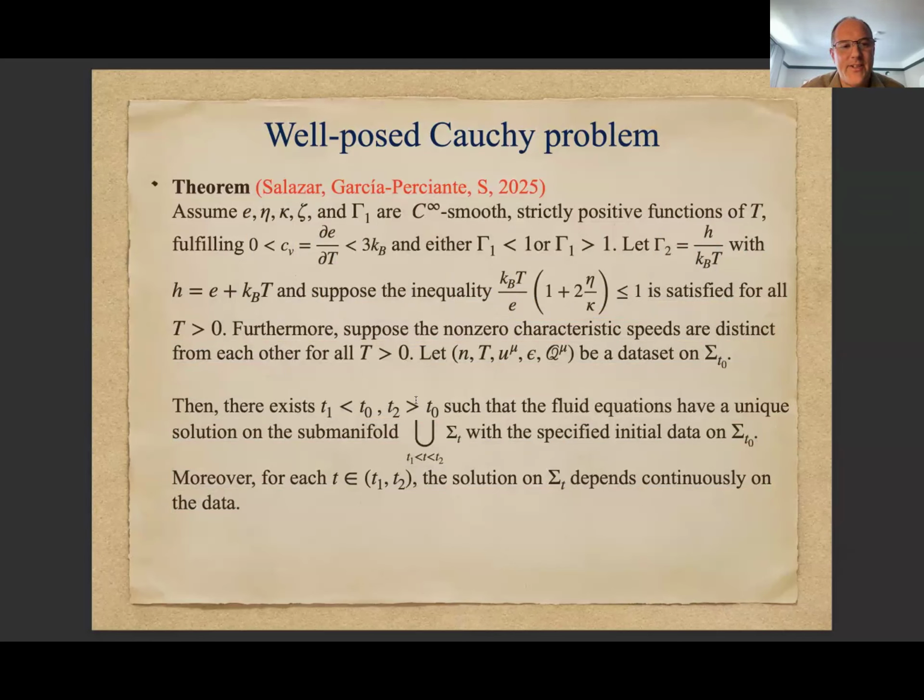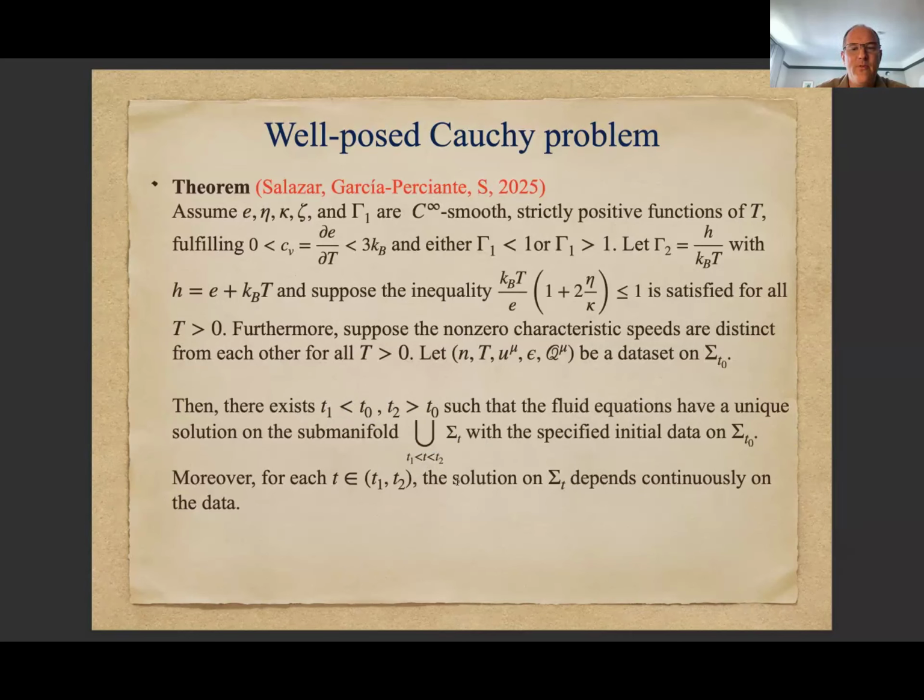And take initial data sets, and then you can say that there exists a time to the past of T0 and a time to the future of T0, such that the fluid equations have a unique solution on this submanifold, if you slice gamma T between T1 and T2 with the specified initial data on gamma T0.